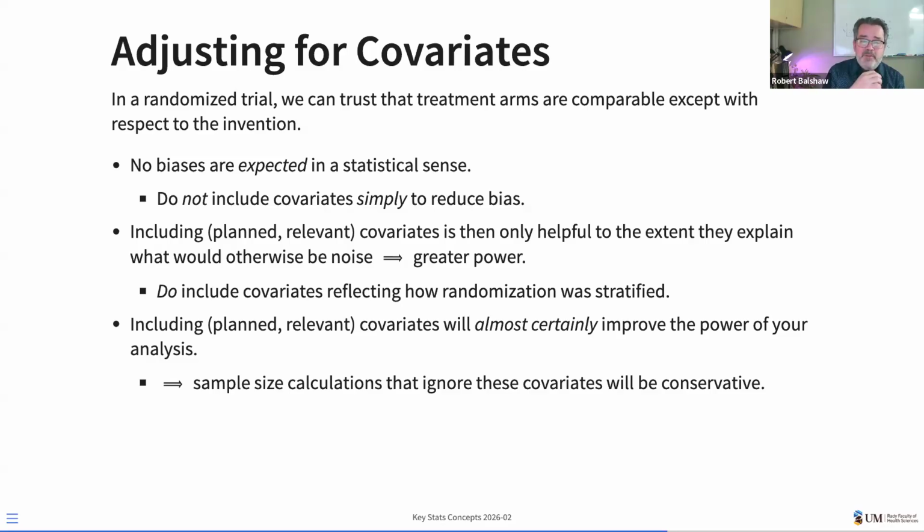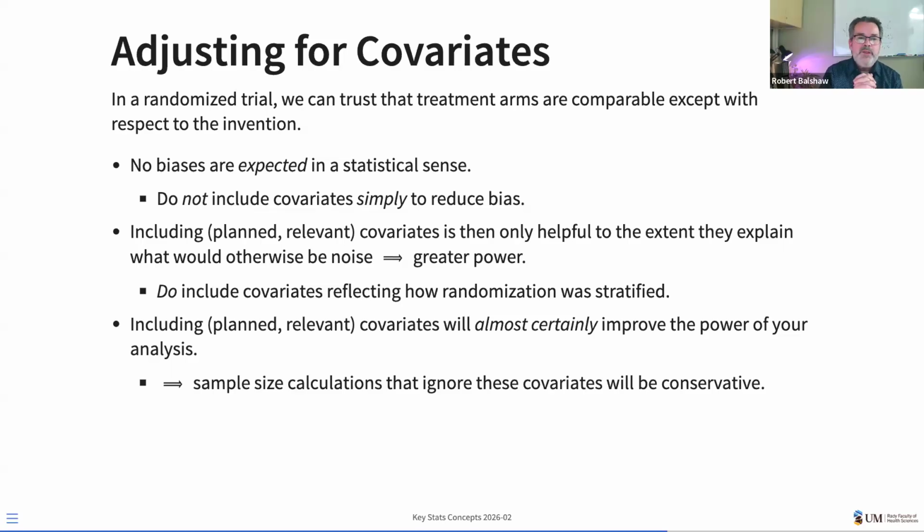Okay, so non-inferiority versus superiority is an important thing to recognize. One of the questions I'm often asked about in planning analyses for clinical trials is whether or not we should be adjusting for covariates. And here's the path that I usually go through. We randomized the treatment assignment. We randomized it carefully. It was well blinded. So the statisticians are comfortable saying that no biases are expected.